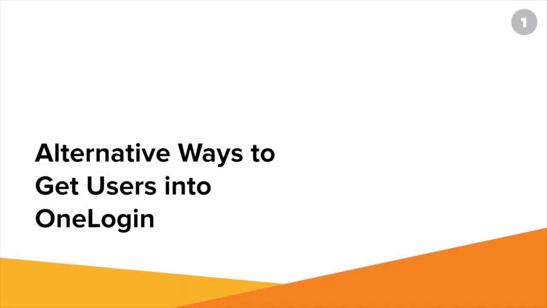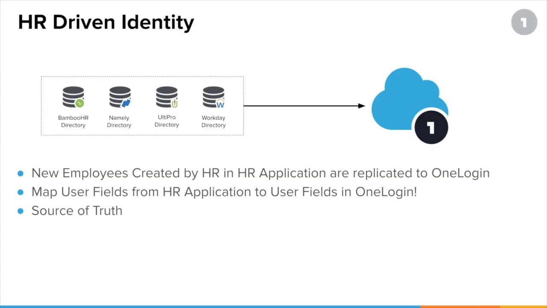And of course, there are quite a few other options for getting your users into OneLogin, as we already mentioned. Again, we've got several out-of-the-box HR directory connectors that you can configure to have it set up so that when your users are created by HR within those directories, they will be automatically replicated to OneLogin.